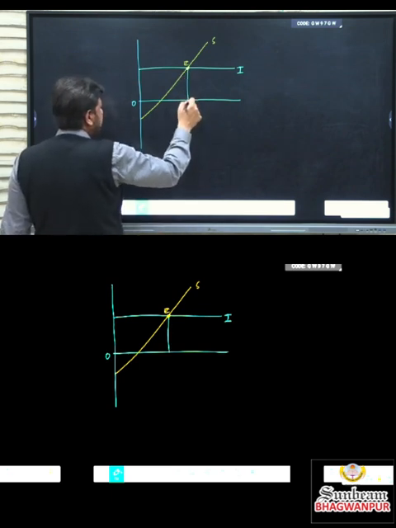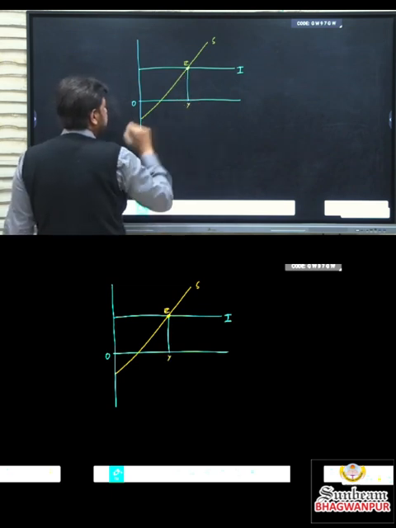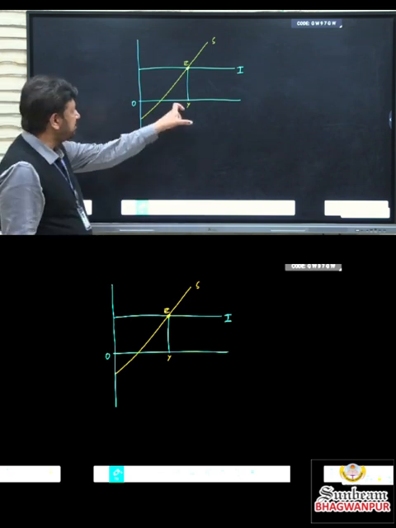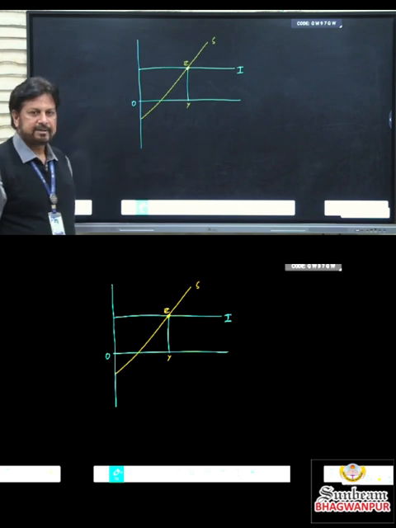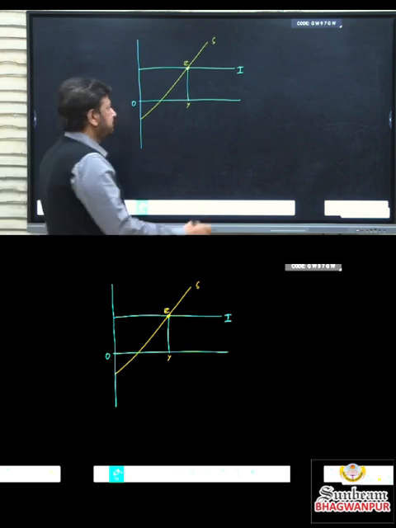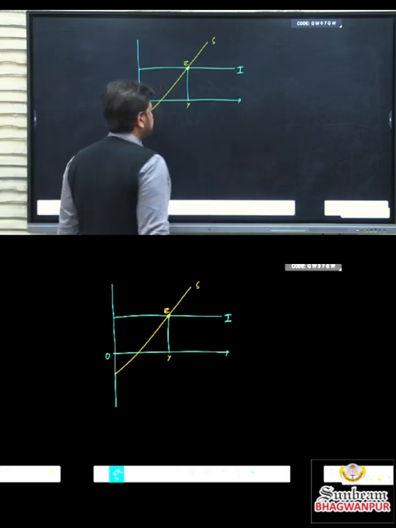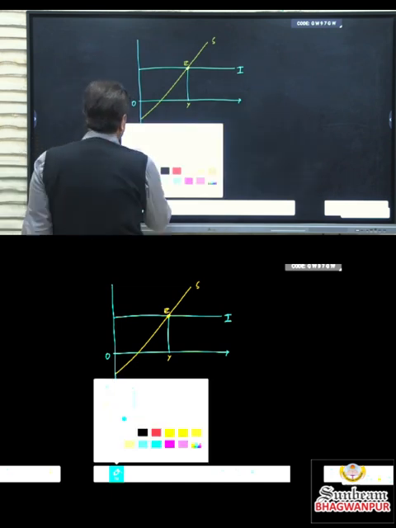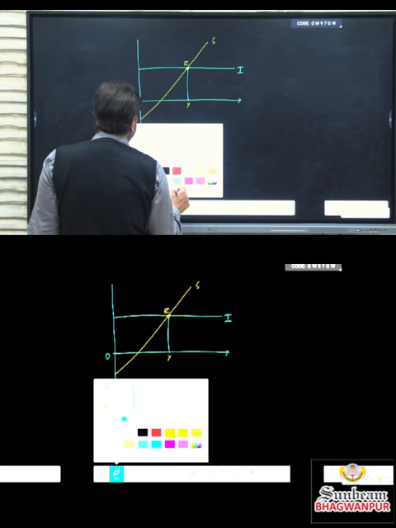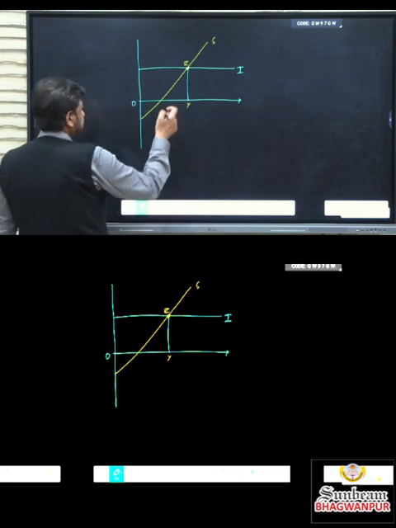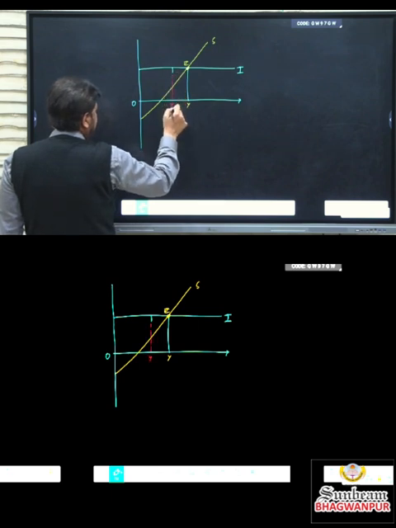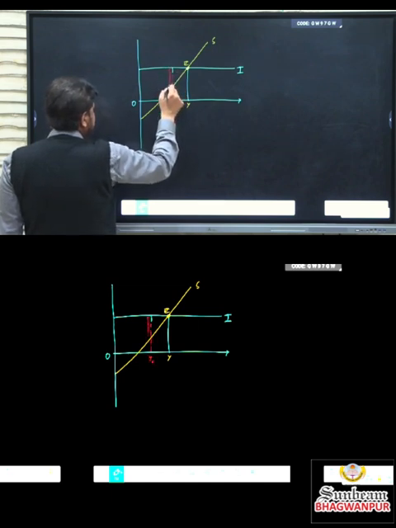So what is the equilibrium level of national income? This is going to be the equilibrium level of national income, because at this level, I and S are equal to each other. Again, if in the economy saving and investment are not the same, it will happen when national income is less than it.